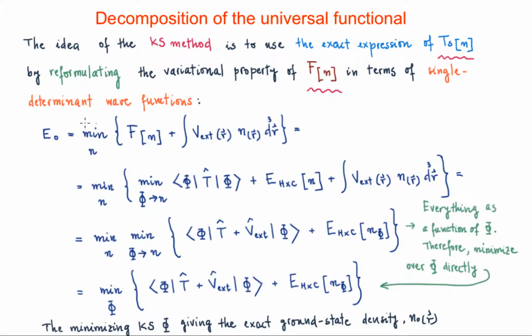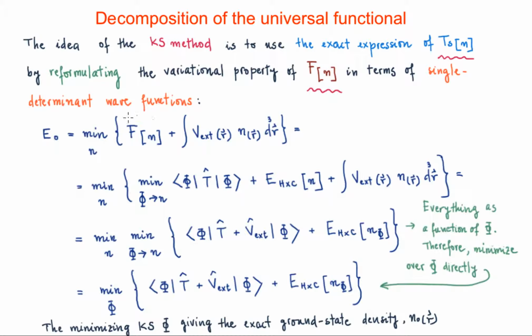First of all, remember that, considering the variational property, the ground state energy of the system is just the minimum with respect to the electronic density of the total functional of the system, which has two different terms.